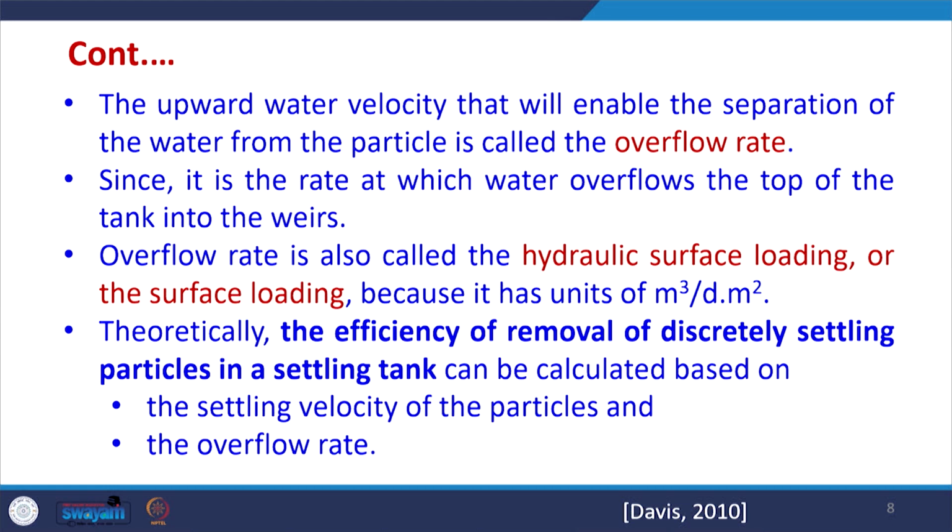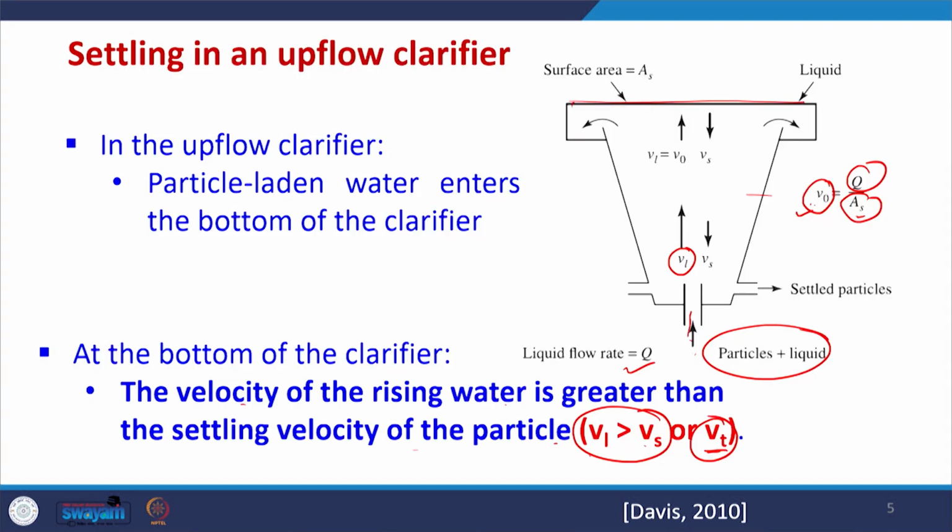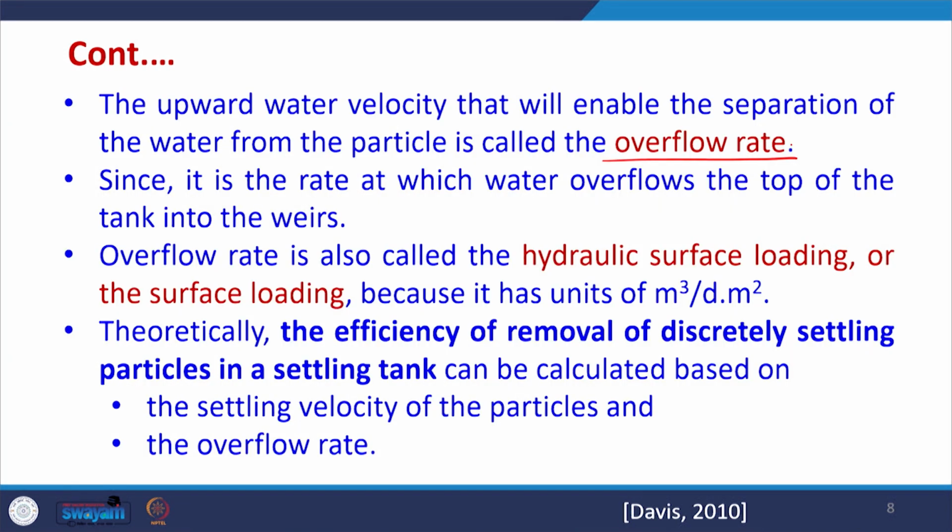The upflow water velocity that will enable the separation of the water from the particle is called the overflow rate. So, this V0 which was given here is called the overflow rate, and this depends upon the maximum cross sectional area of the clarifier, since it is the rate at which the water overflows the top of the tank into the weirs.